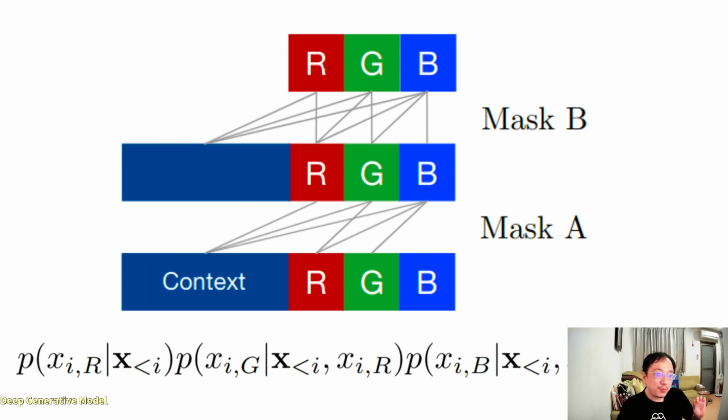Although these 3 channels are in the same pixel, we still need to give them an order. You have to be very careful that you don't use information of any later items, even in the same pixel, because B is after G, so you cannot have the information of B to do the prediction of G.